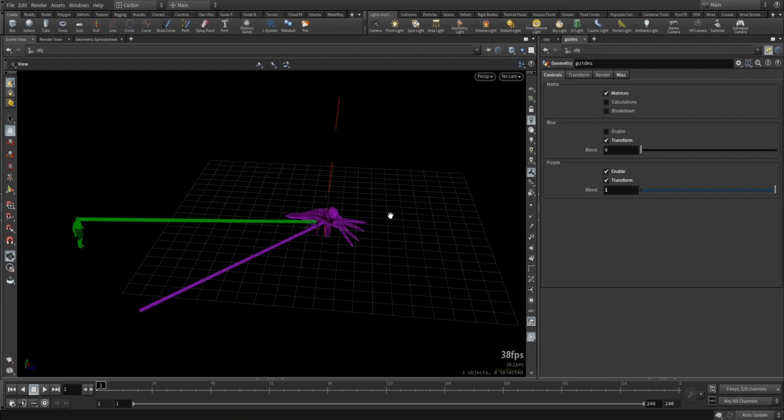We want it to just be 1. Okay, so what we do is we take the train's matrix and we reverse it and apply that inverted matrix to the character. So now the character is at the origin, not moving along with the train. And when he jumps forward, he just moves forward by 1 meter.